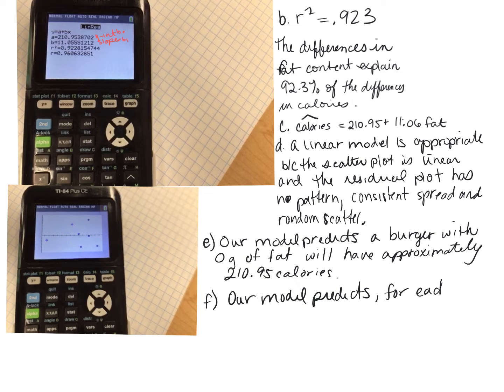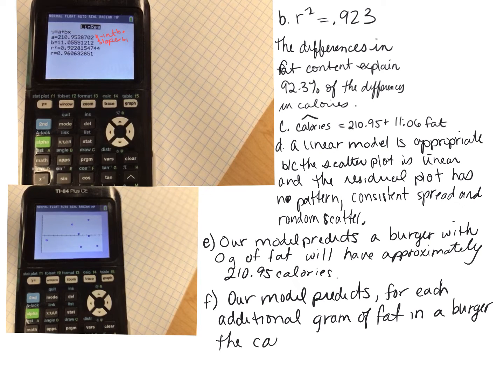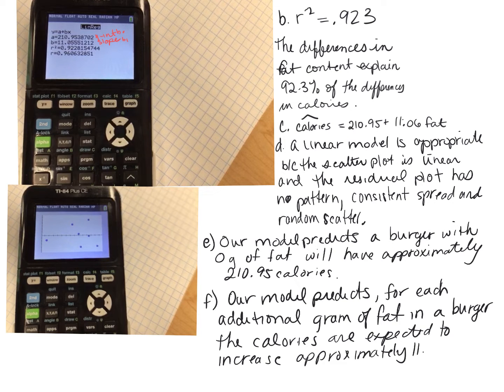For each additional gram of fat in a burger, the calories are expected to increase approximately 11.06 calories.